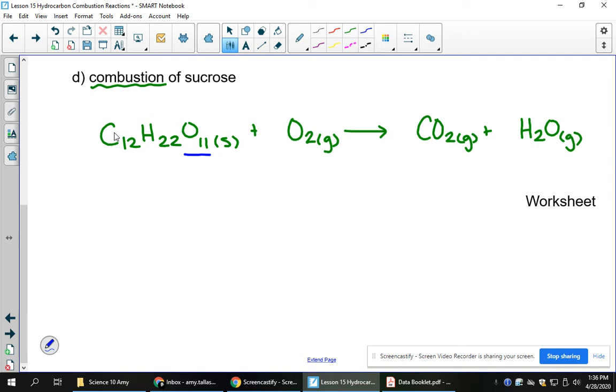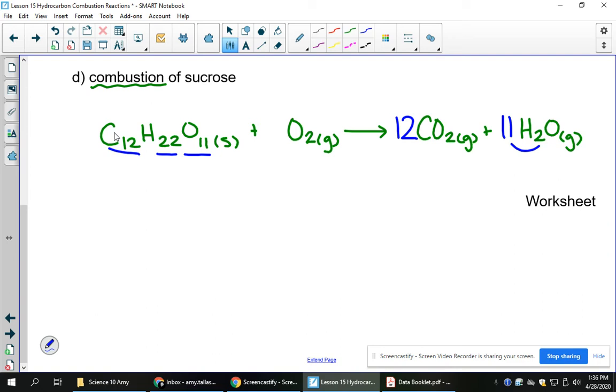So we might be able to get away with the odd numbers matching up. Let's start by just going to the biggest number, working there, and then seeing if we need to erase and try again. 22 hydrogens. I'm going to put 11 in front because 11 times 2 is 22 hydrogens. I'm then going to make 12 carbons on the product side.